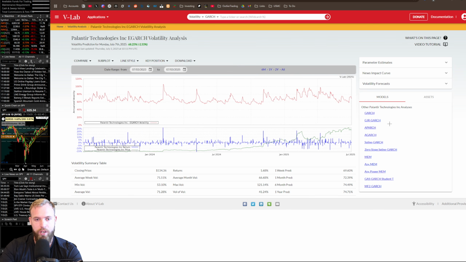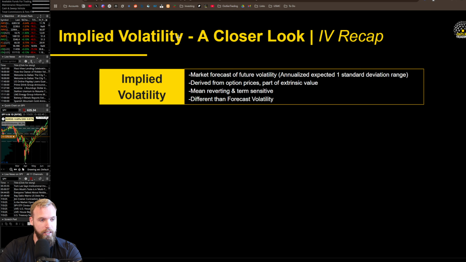There's all different ways to calculate and try and forecast volatility. But again, most of the time, IV is plenty fine for most traders. The thing to note is that it is different than forecast vol. Forecast vol is when you actually are trying to figure out what the volatility input is versus just deriving it from option pricing, which we do for IV.